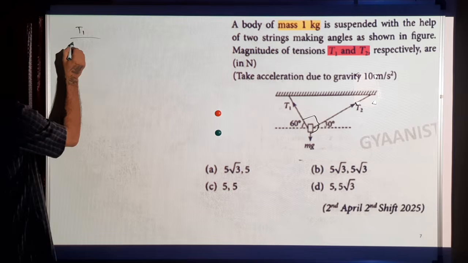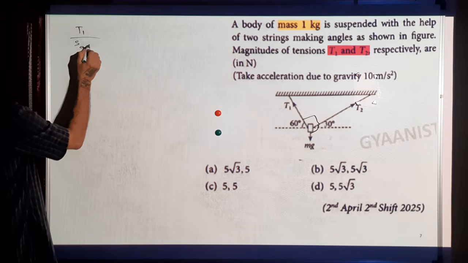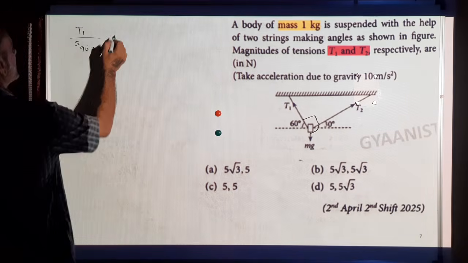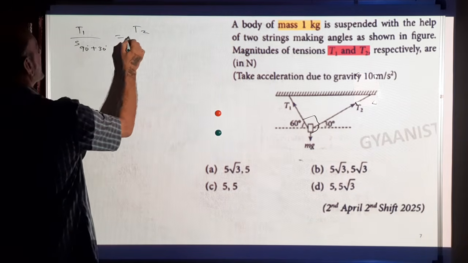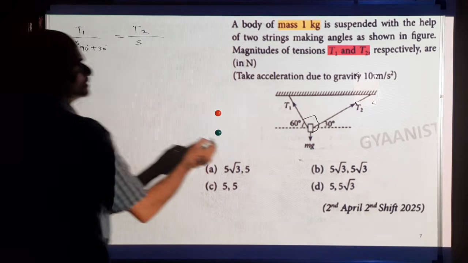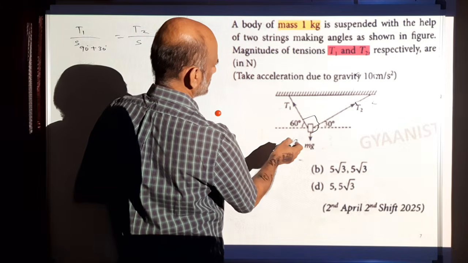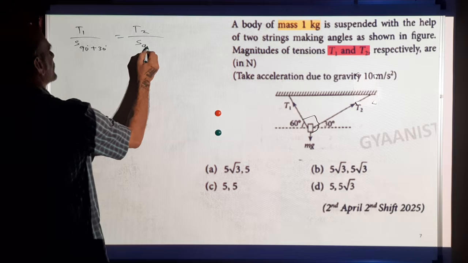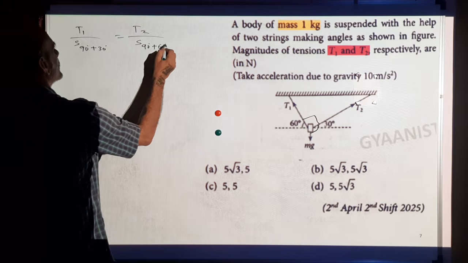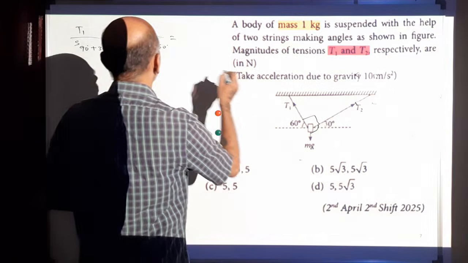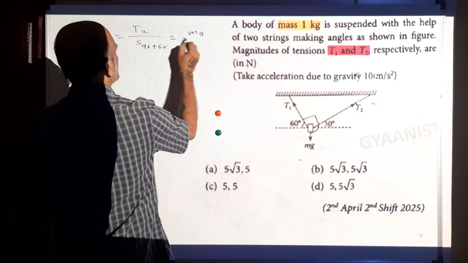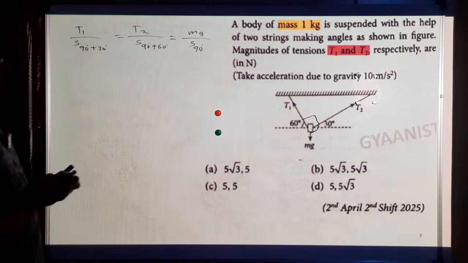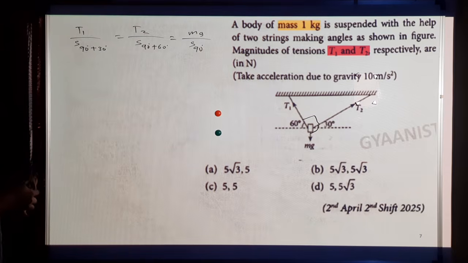So T1 divided by sine of 90 plus 30 equals T2 divided by the sine of the angle opposite to T2, between T1 and mg, that's 90 plus 60, equals mg divided by sine of the angle opposite to it, 90 degrees. So to find T1 and T2.